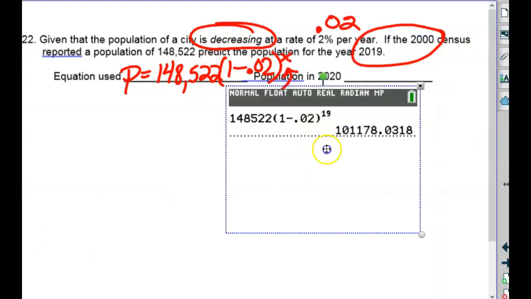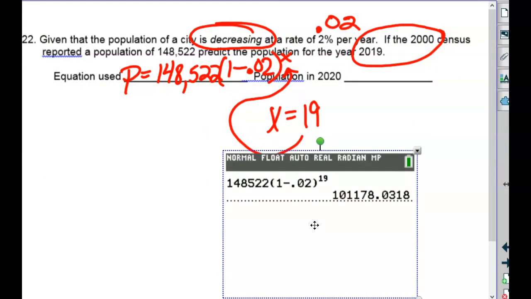This is people. So we're going to write down that the population would be 101,178.